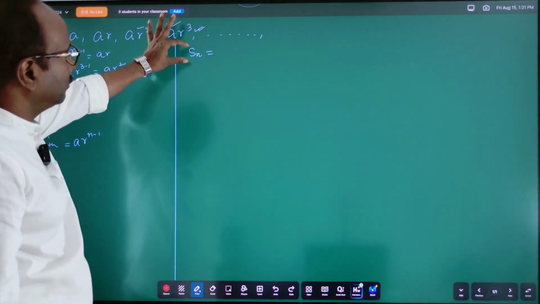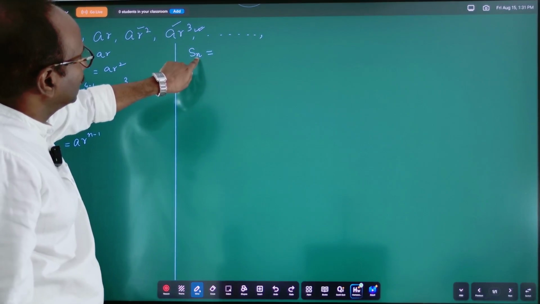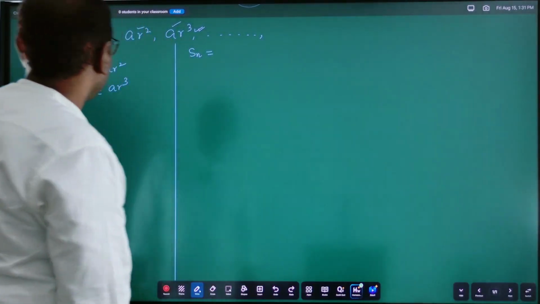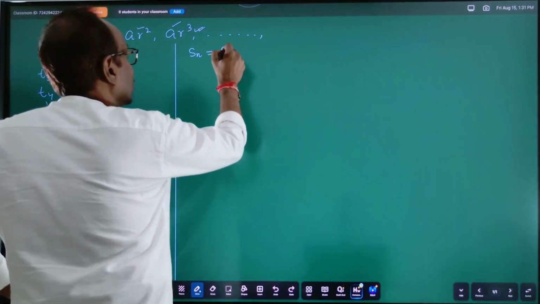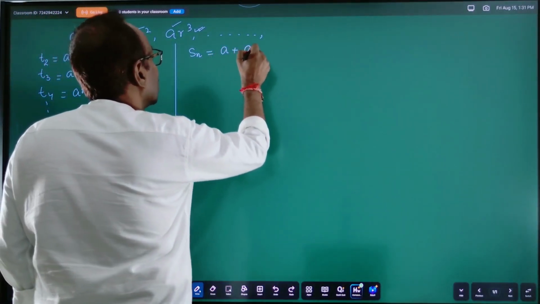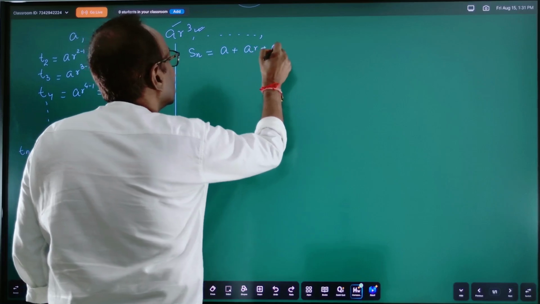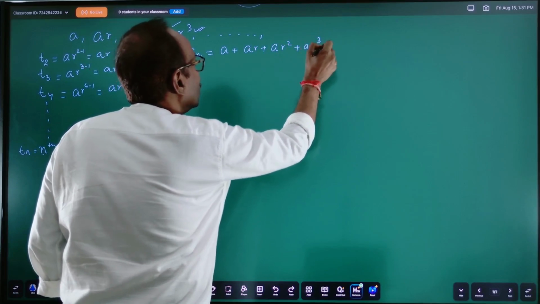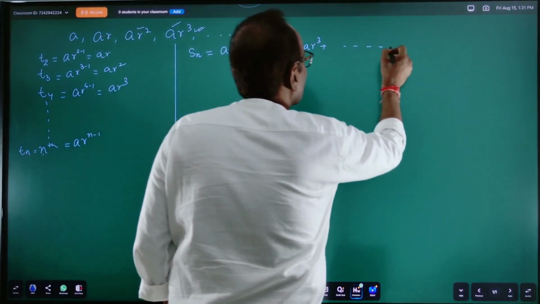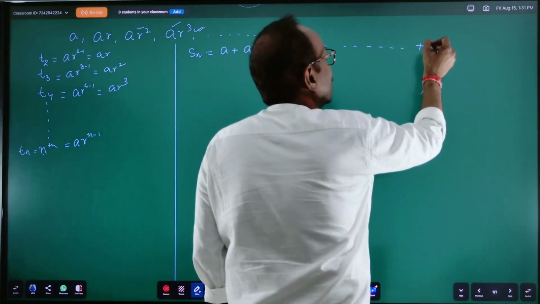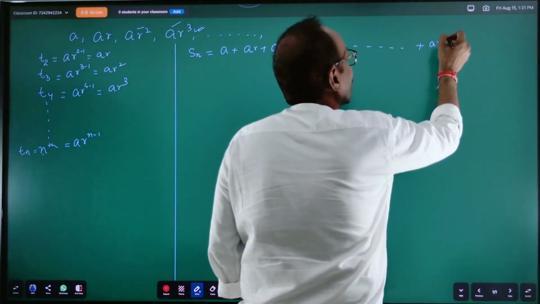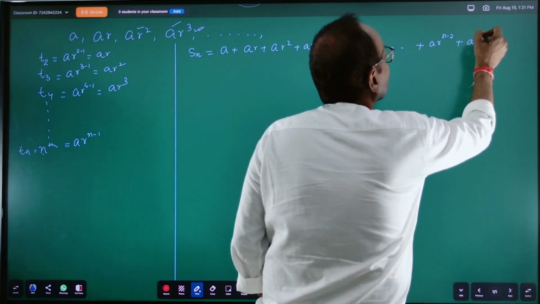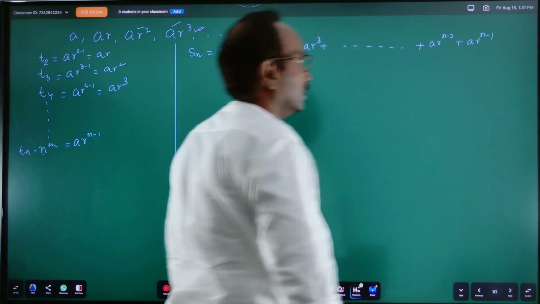S represents the sum, subscript n represents there are n number of terms for summing up. So your first term is a, second term is ar, third term is ar square, fourth term is ar cube, the n minus 1 term will be ar to the power n minus 2, and ar to the power n minus 1 is the nth term.